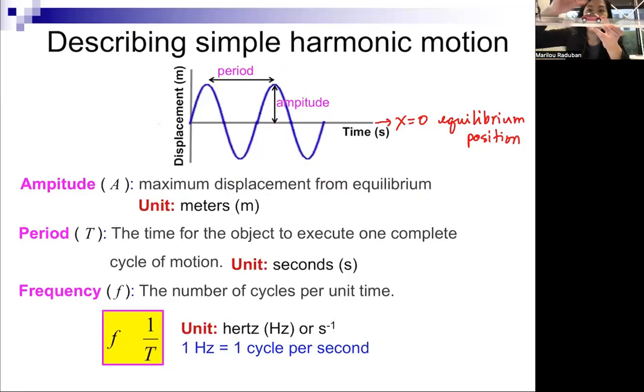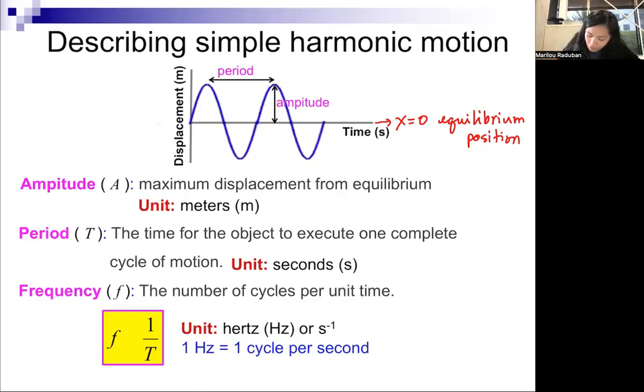So for this car, say I pull it about 2 centimeters to the right, the car will oscillate about that 2 centimeter mark, meaning the maximum distance that the car will reach as it oscillates will be that 2 centimeter mark, which is the initial displacement of the car from the equilibrium position. Okay, so that's the amplitude.